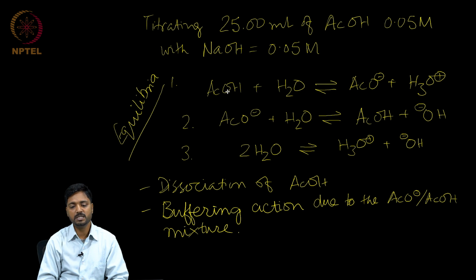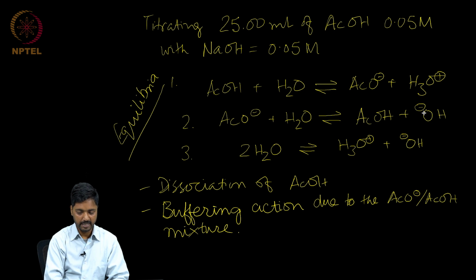For each acetic acid that undergoes dissociation, we create a hydronium ion. For each acetate anion undergoing protonation, we create a hydroxyl anion.